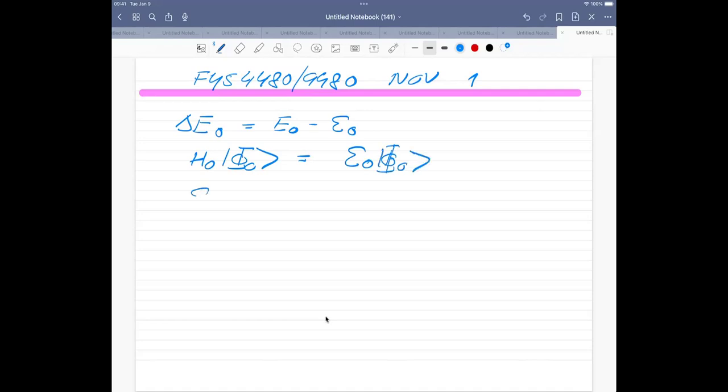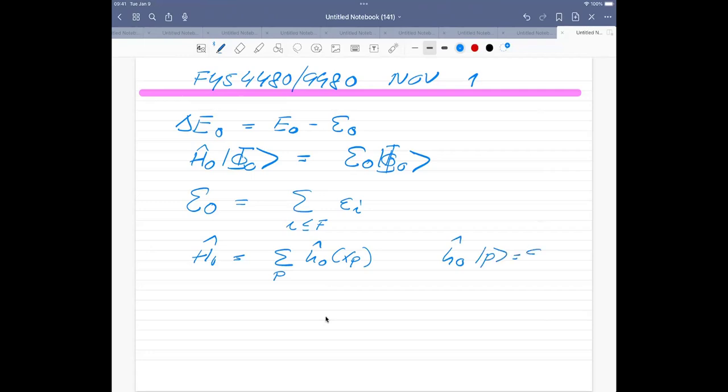And this epsilon zero, in our case, is going to be given by the sum over all the single particle energies up to the Fermi level, where this operator, just a quick reminder, is now a sum over the one-body operators. So we have a sum over p, and we have an h0 of x_p. And this h0 acting on a state p gives us an energy epsilon p times p.